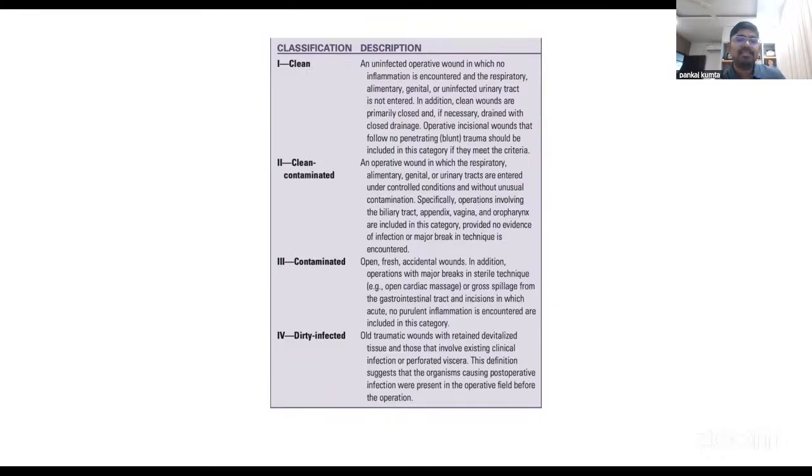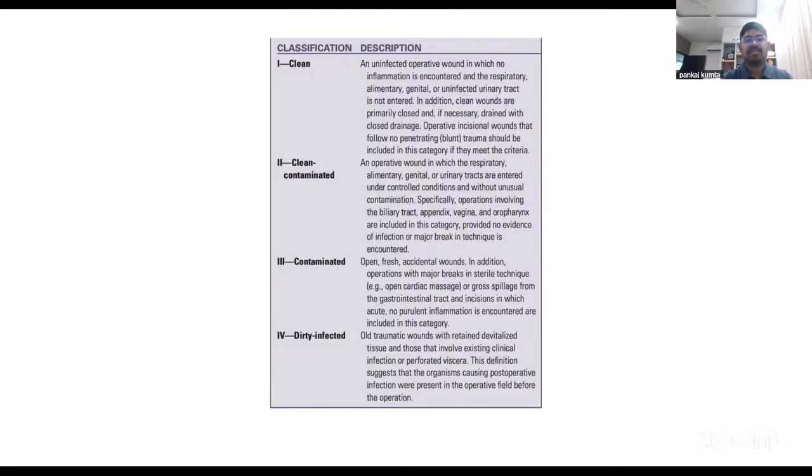Contaminated wounds are typically open, fresh accidental wounds with major breaks in sterile technique, or gross spillage from the GI tract, and that is where you will see clear accidental wounds that are contaminated. Dirty infected are old traumatic wounds which retained devitalized tissue and those involving existing clinical infection.